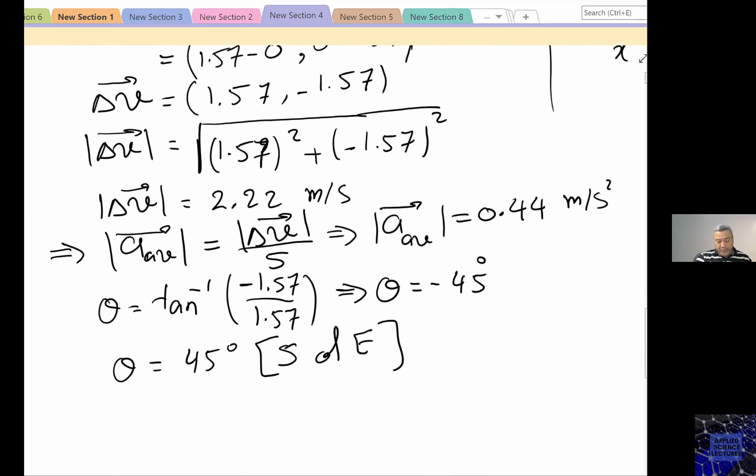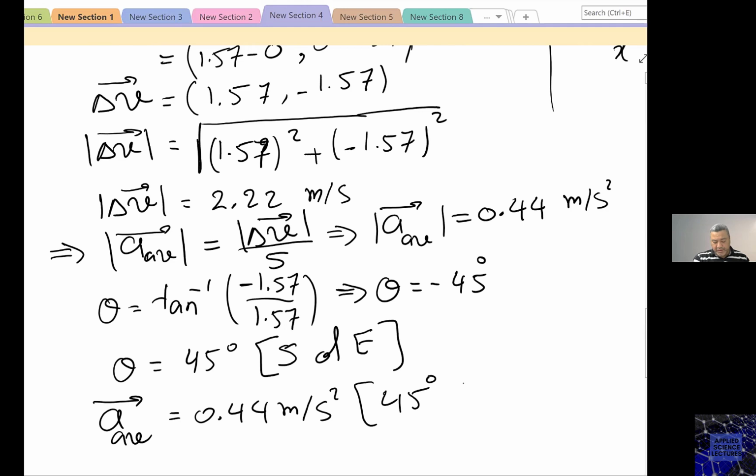I can now put the whole thing together and say that the average acceleration is 0.44 meter per second squared, 45 degrees south of east. Mission is accomplished. I found the average acceleration.